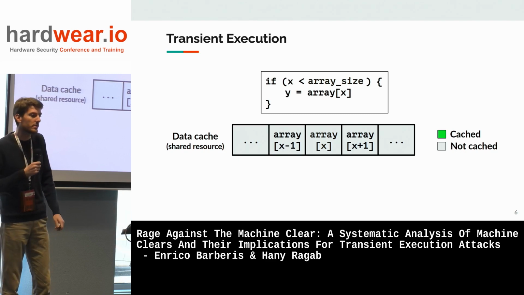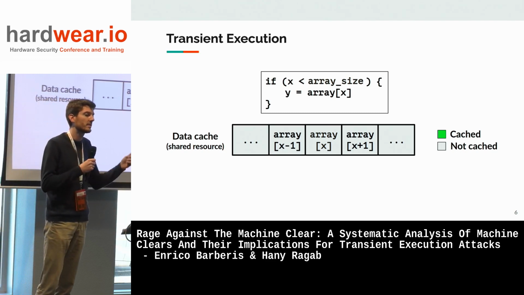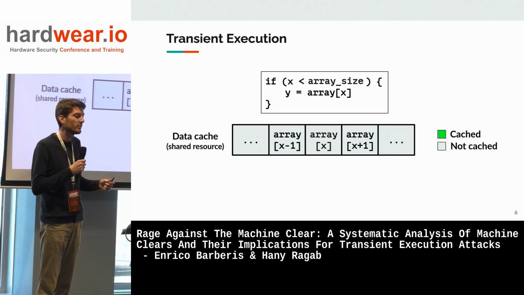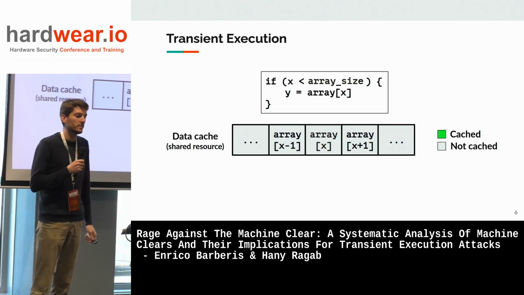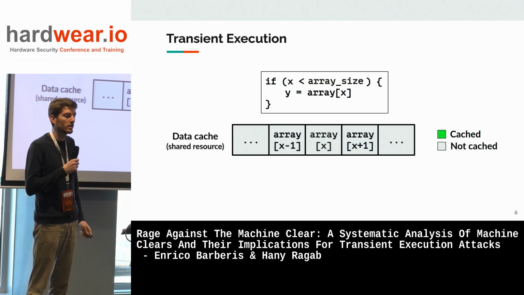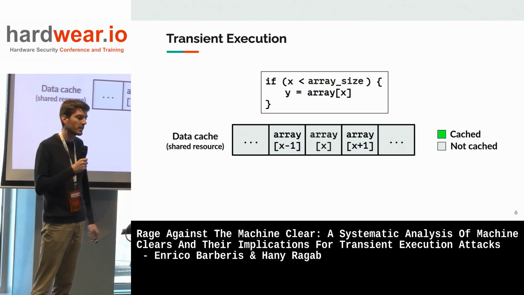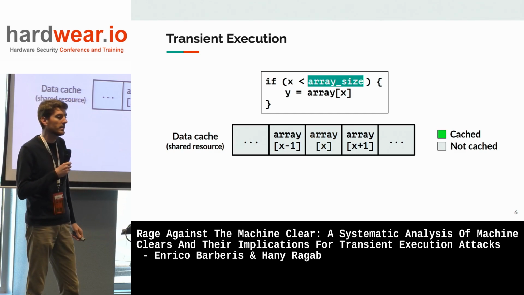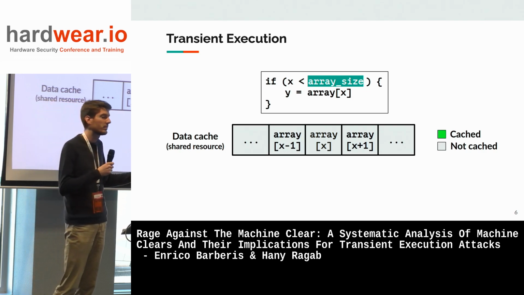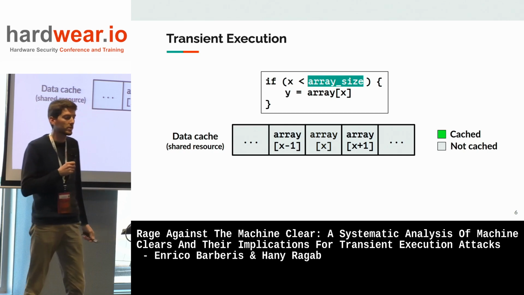Things get really interesting when combining side channels with transient execution. That is a new fancy term for speculative execution, same stuff. Again, let's have a quick look at an example: a standard bounds-check array access. Let's say that the array size is slow to get, because it is coming from memory or a complex mathematical operation.